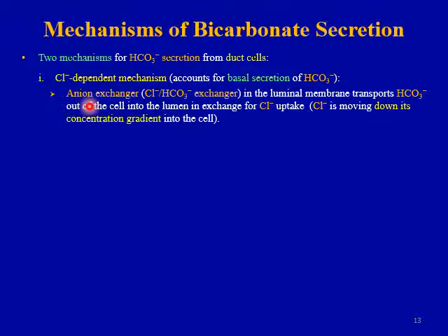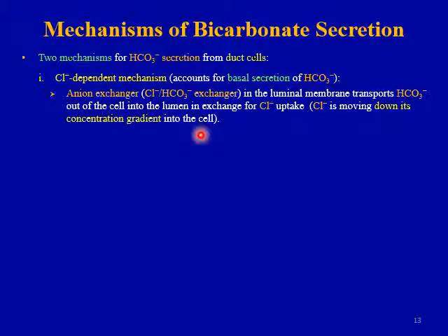There is an anion exchanger, a chloride bicarbonate antiporter or exchanger, that I already explained in the previous illustration. In the luminal or apical membrane of the duct cell, this will transport bicarbonate out of the cell into the lumen in exchange for chloride uptake into the cell. Chloride is moving down its concentration gradient into the cell.